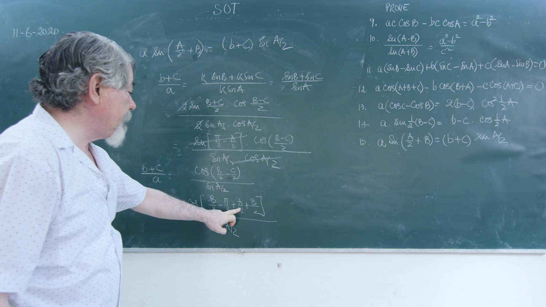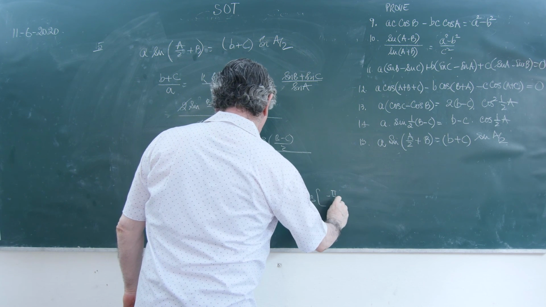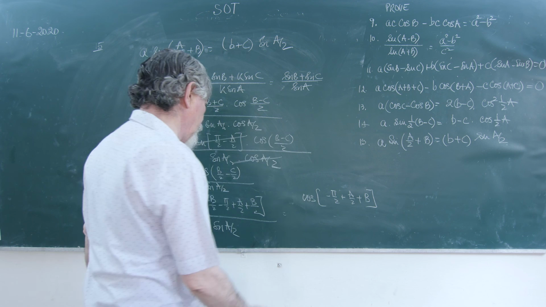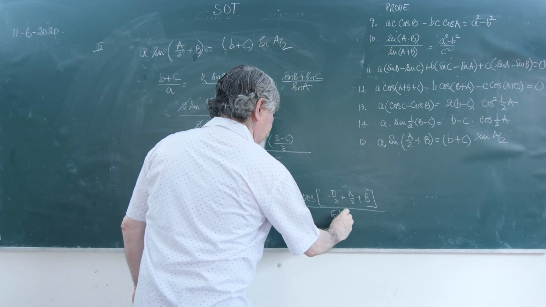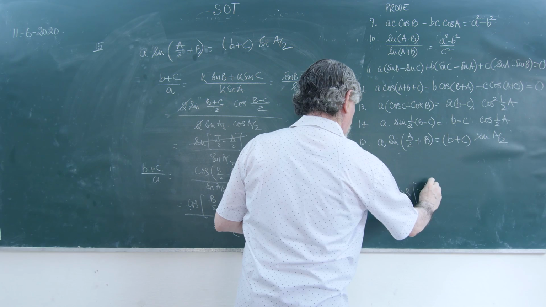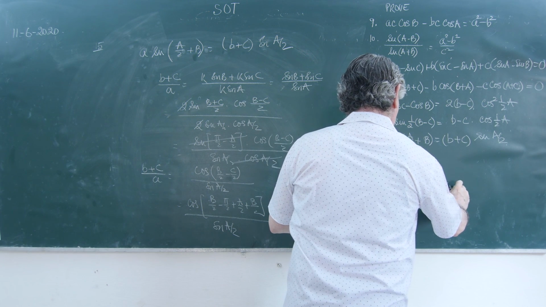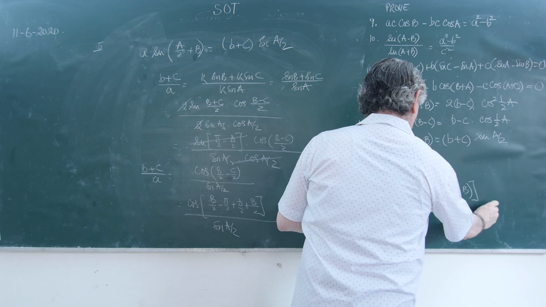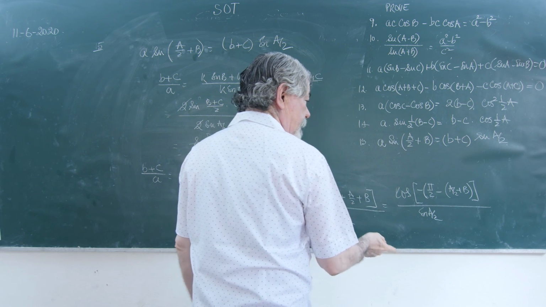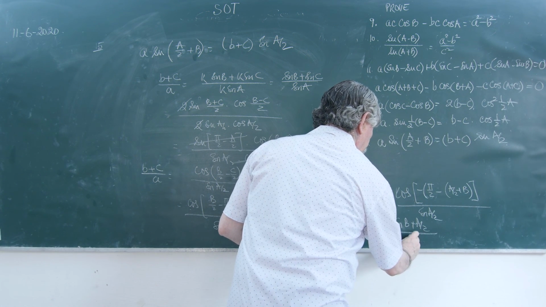It will be minus pi by 2 plus A by 2 plus B, so it will become cos of minus pi by 2 plus A by 2 plus B. If I take the minus sign common, it will become cos of pi by 2 minus A by 2 plus B. Cos minus theta is cos theta only, so minus theta will become plus theta and it will become sine B plus A upon 2, upon sine A upon 2.